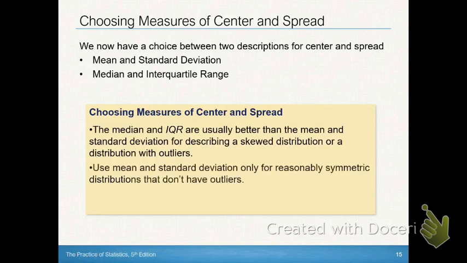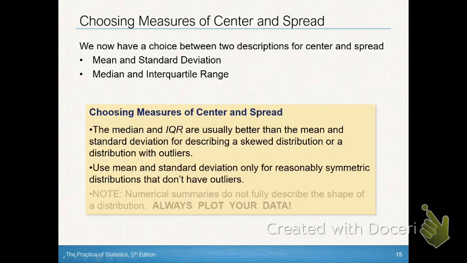We talked about how the shape before could either be symmetric or it could be skewed. If your data is symmetric, you should report the mean and the standard deviation when you're describing it. So when you're giving the shape, center, and variability, if you said the shape was symmetric, you should report the mean for the center, and the standard deviation for the spread or variability.